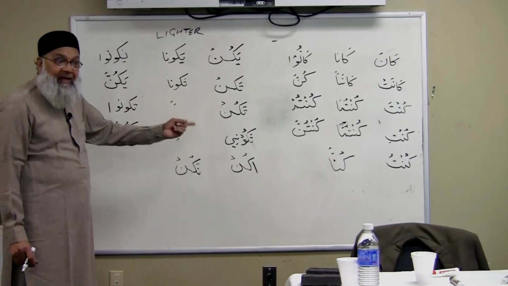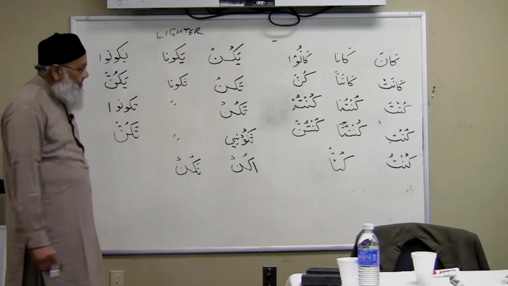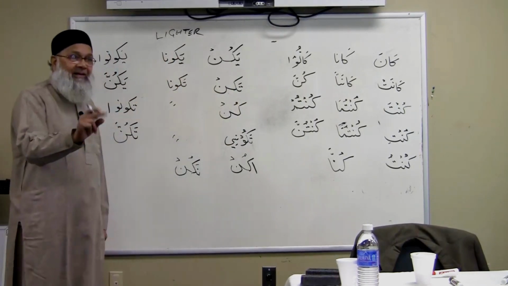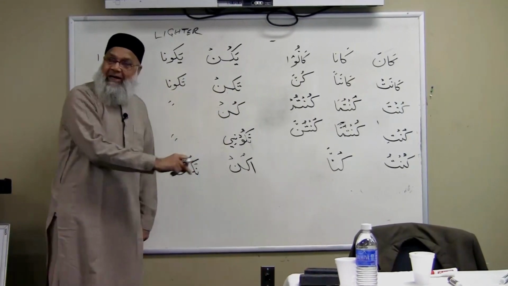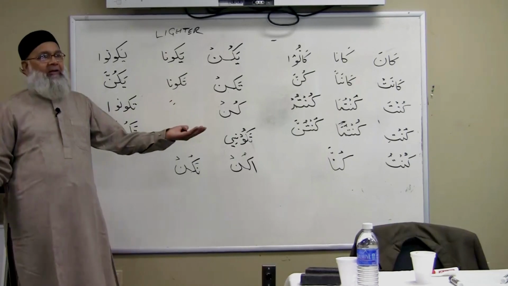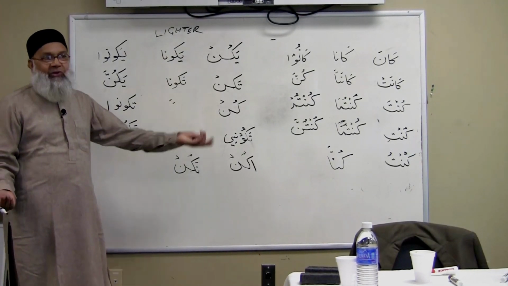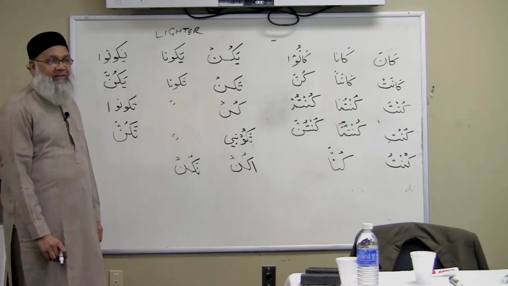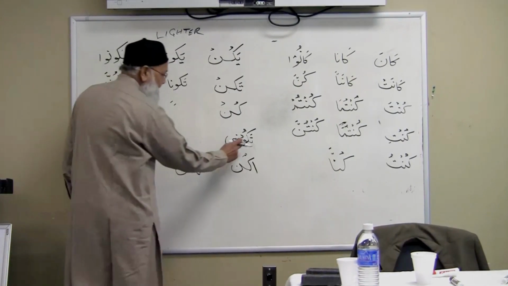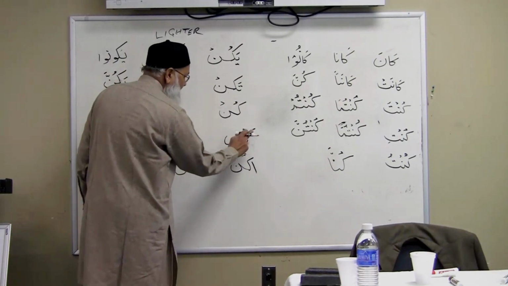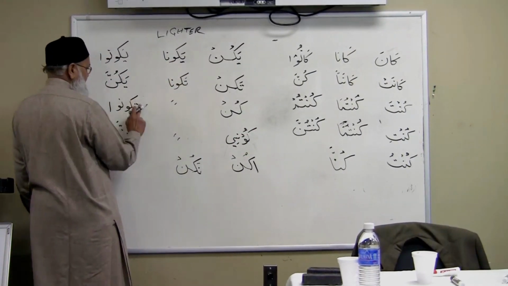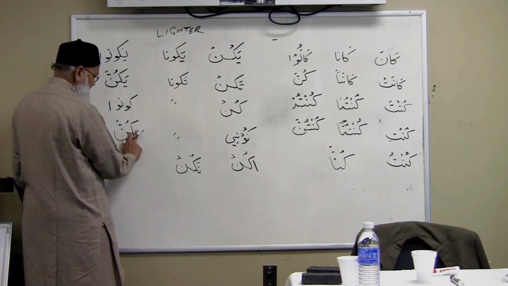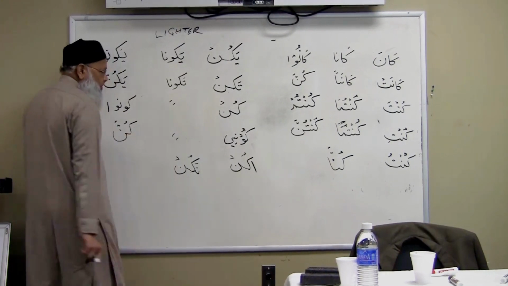Now the imperative command in the second person, you have to drop. This is a typical example. You drop the alamatul madare, the sign of the present tense, and it is automatically amr. You don't need hamzatul wasl because this letter now has harakat.